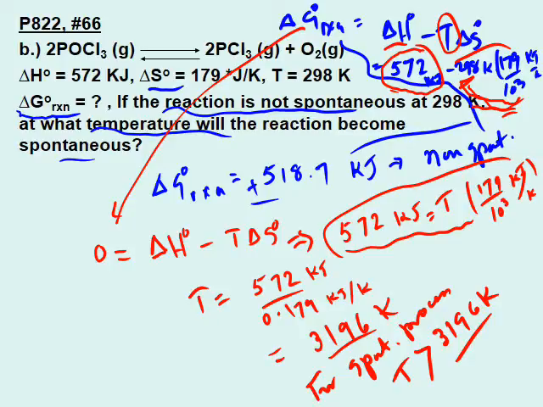And since there is a negative sign, that means delta G is going to be negative, and that negative means a spontaneous reaction. So the answer to this question is any temperature higher than 3196 or around 3200 Kelvin is going to make this reaction spontaneous.